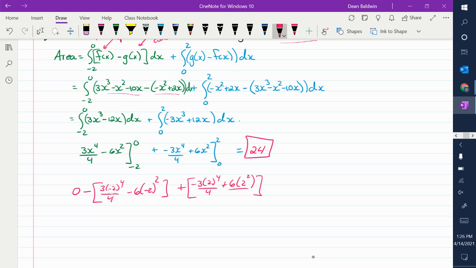Okay, so this is all I have to do with. -2 to the power of 4 is positive 16, right? Positive 16 divided by 4 is 4 times 3 is 12. So that whole thing turns into 12. -2 squared is 4. 4 times -6 is -24. Plus this whole thing here is going to be, that's the same as this essentially. But you're going to get -12. And then that's going to be 24.